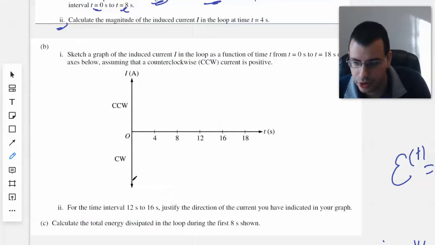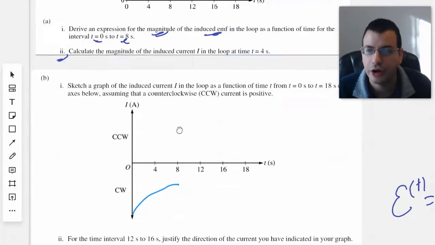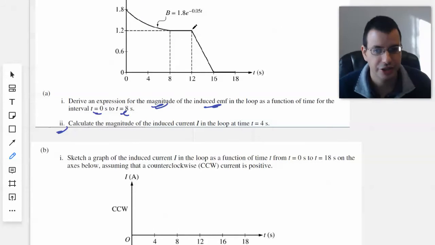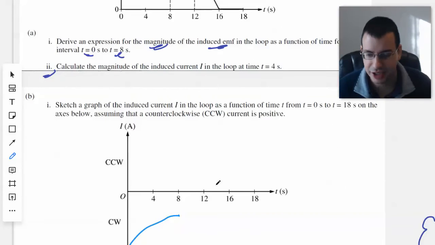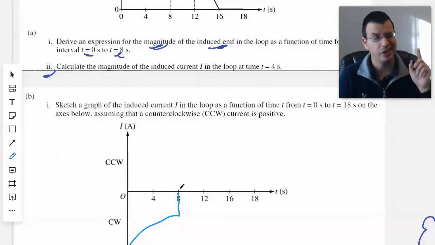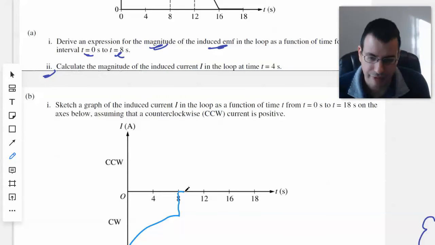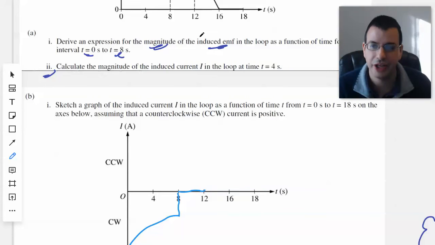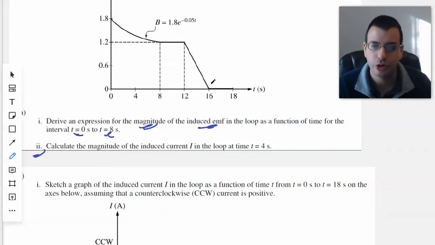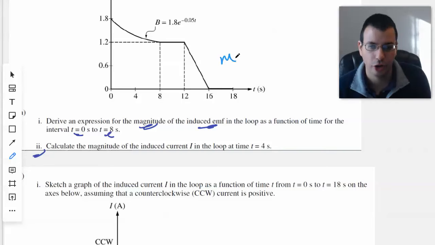So we'll do exponential, and then it flat lines, so the derivative of a constant is 0. So since the magnetic field and area of the loop are constant, that will produce 0 EMF. And then it drops linearly. So there is an M here for a slope.